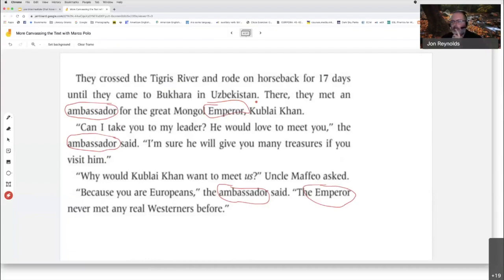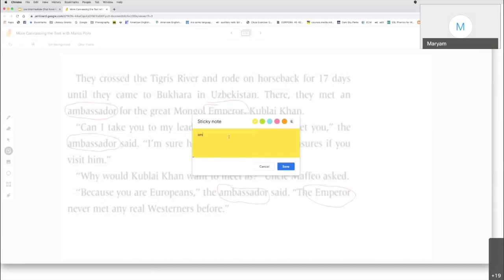Okay, now this was one of our words. I don't know this word ambassador. Can somebody tell me what an ambassador is? A person who represents his government. Okay, well, let's see. Gisela, would you like to share first?